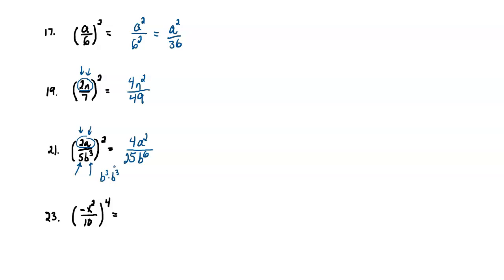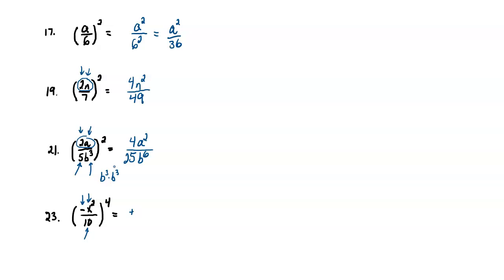Okay, number 23 is the same idea. Take the first thing in the numerator, the second thing in the numerator, and the denominator, and raise them all to the 4th power. Start with the negative. A negative raised to an even exponent is a positive answer.